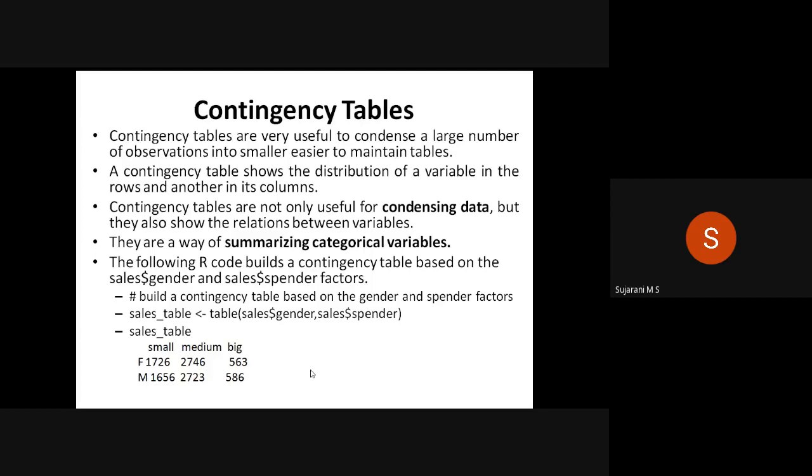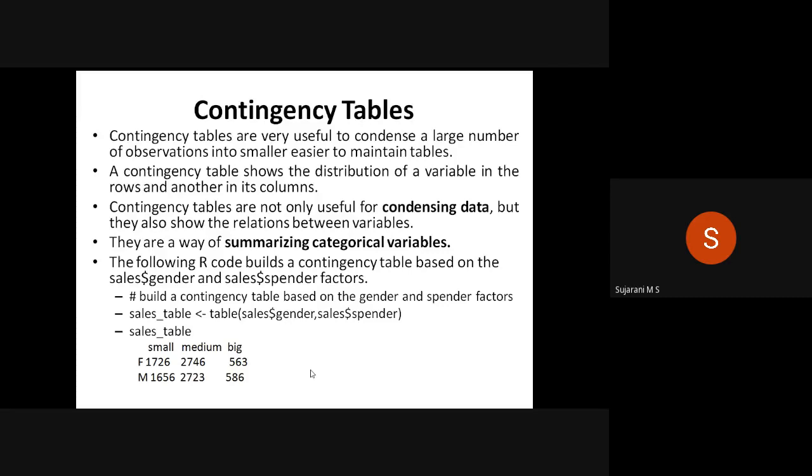Next is contingency tables. Contingency tables are very useful to condense a large number of observations into smaller, easier to maintain tables. Our sales data contains 10,000 observations. Suppose you want to minimize these 10,000 observations into a small table, for that we use a contingency table.